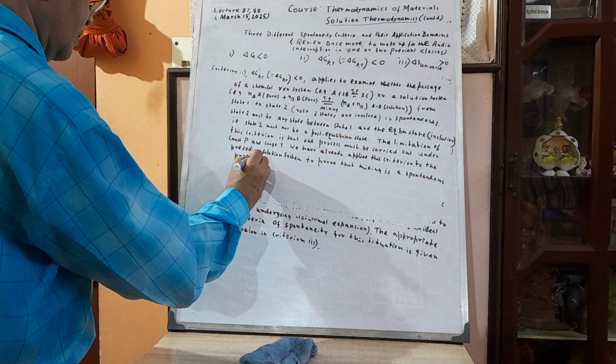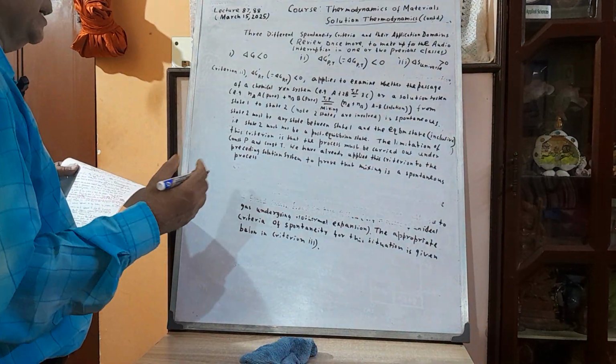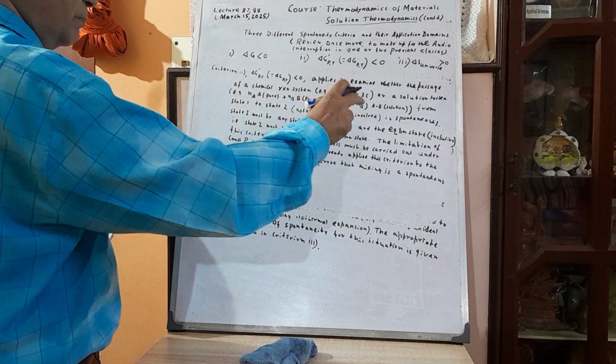Already recall this delta Gm prime all negative. Okay, this we are under constant pressure temperature process. This one we have shown this.